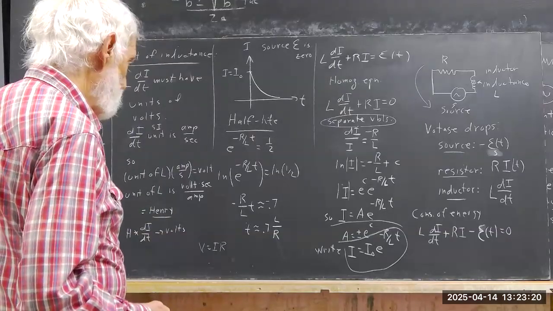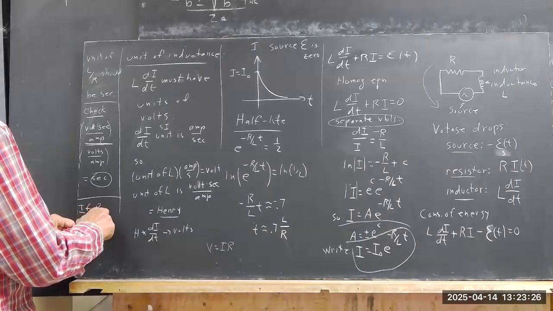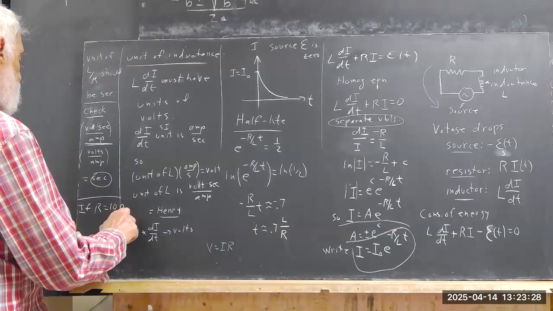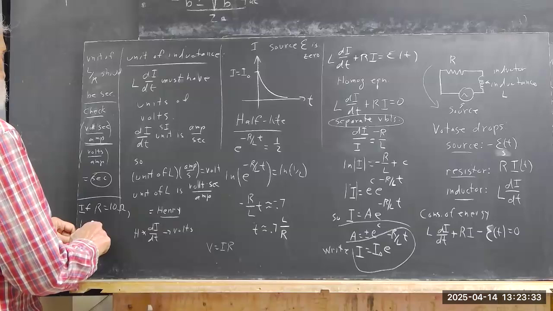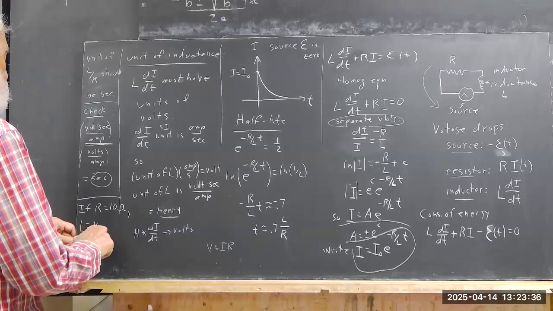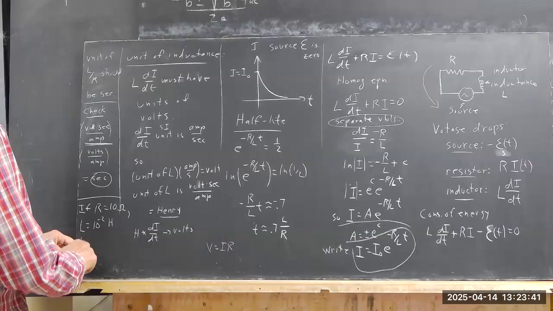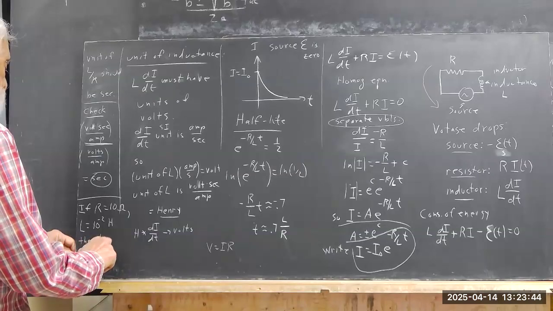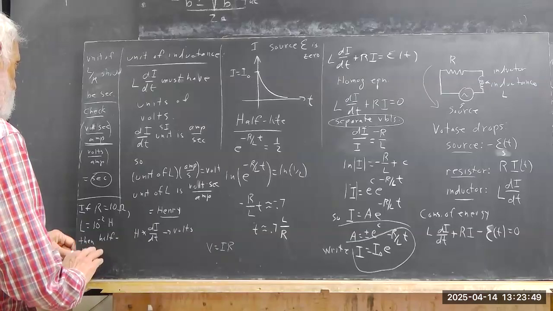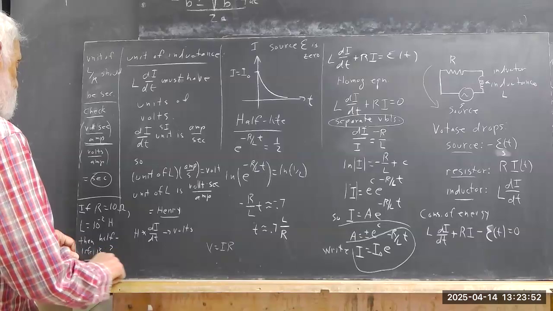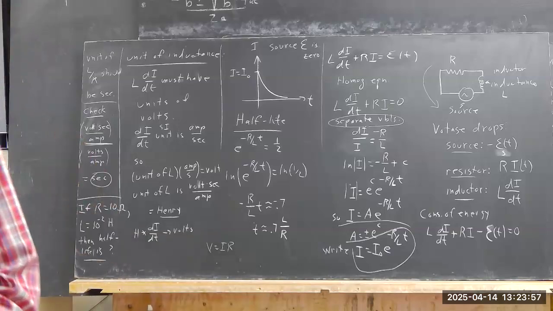Okay, so if you got 10 ohms, 10 to the negative second henries, then what's your half-life?